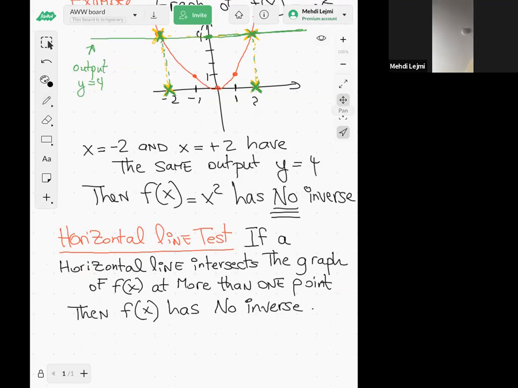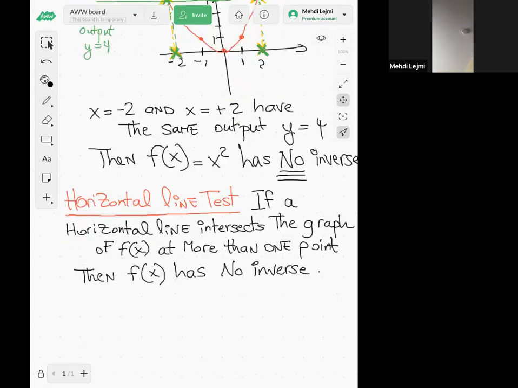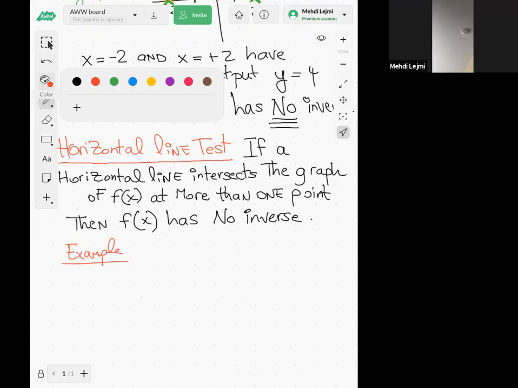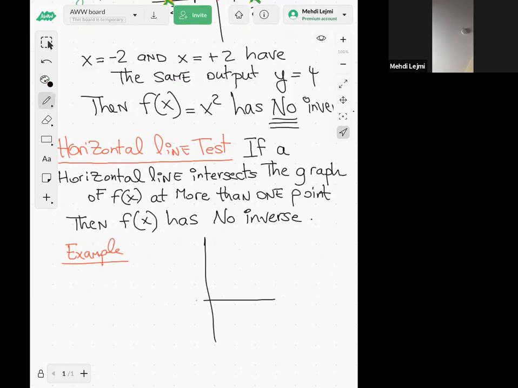Okay, so let me do a couple of examples here. Example. For instance, let's say I have this graph here.